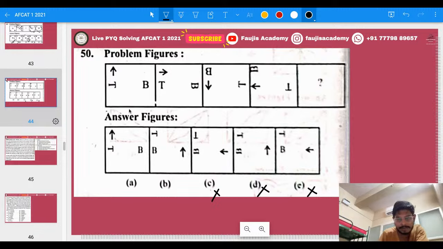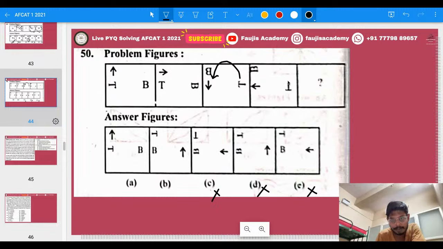The difference between these two is the arrow, T and B. Then what is happening? The entire thing is moving one round.